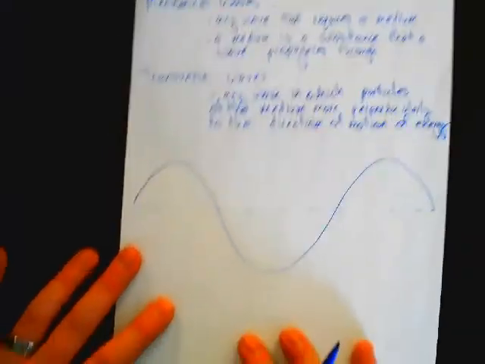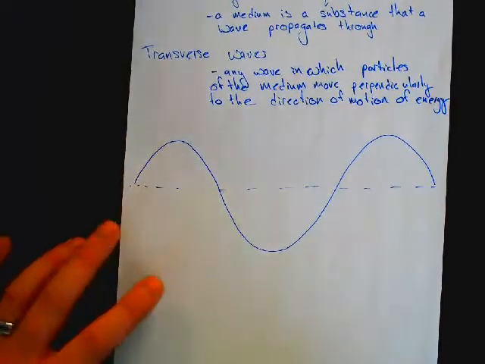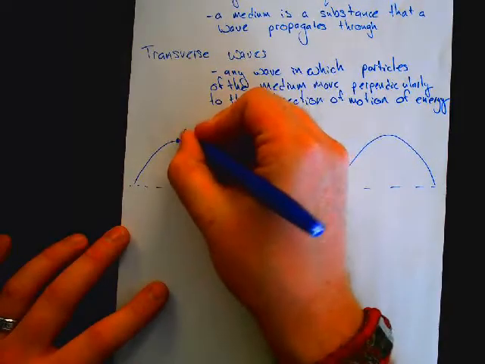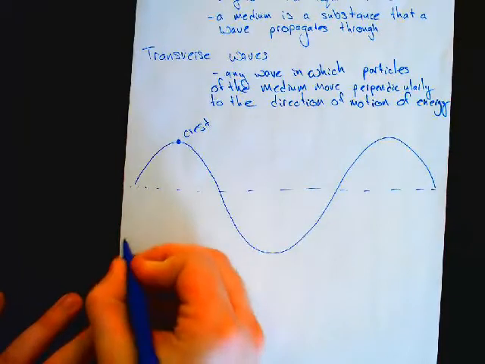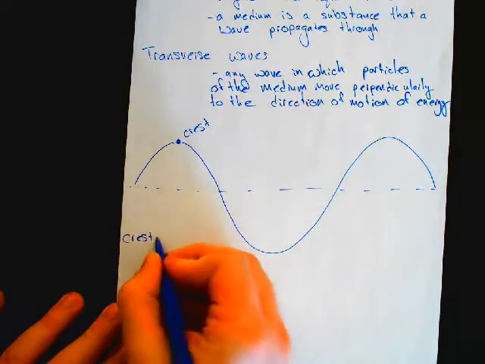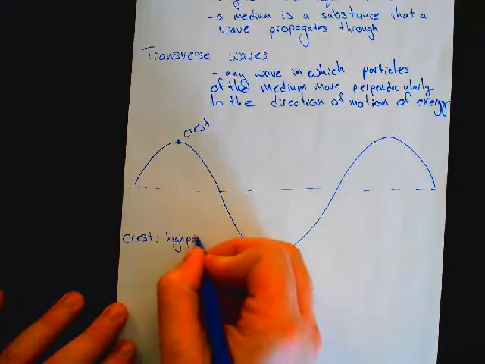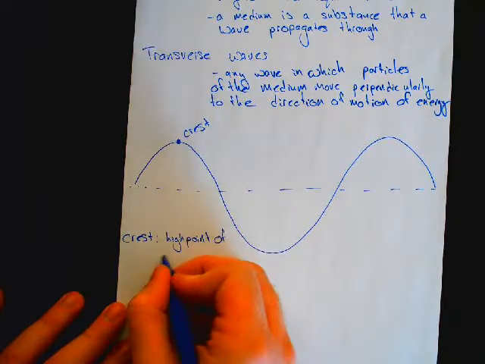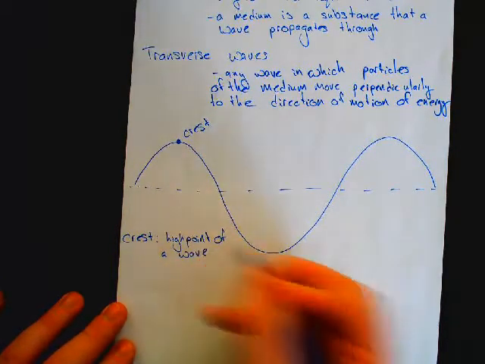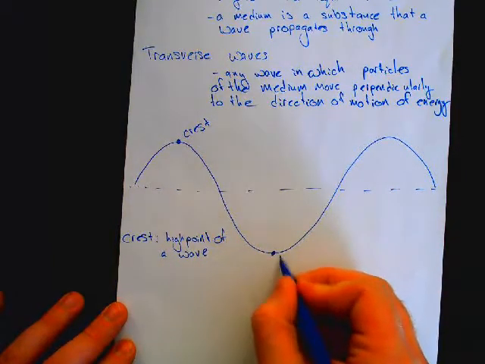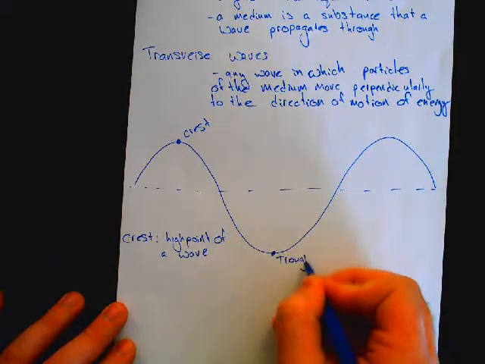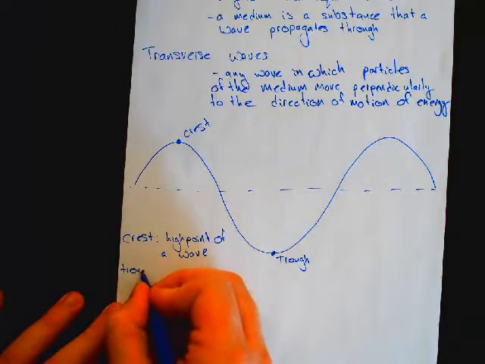And each of the different spots along the wave has a specific name. So the top ones we're going to call a crest. A crest is the high point of a wave. And the lowest point is called a trough.